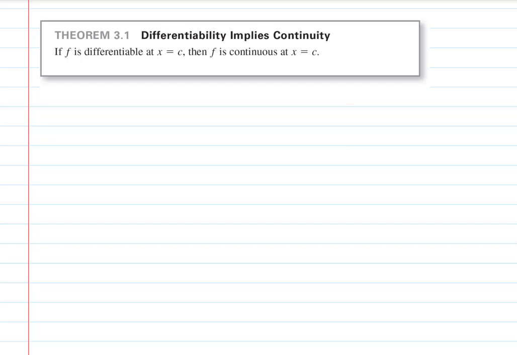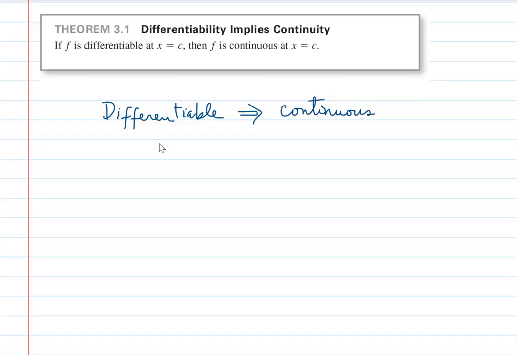Now another way of saying the same thing would be the following. If you have a differentiable function, that automatically implies continuity, that the function is continuous at a given point, right? Obviously, you can extend this to a whole interval, but another way of saying this same proposition would be what we call the contrapositive: a function not continuous implies it's not differentiable, right?